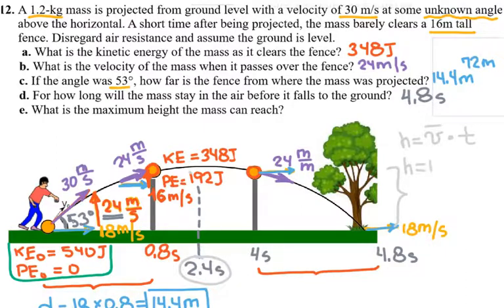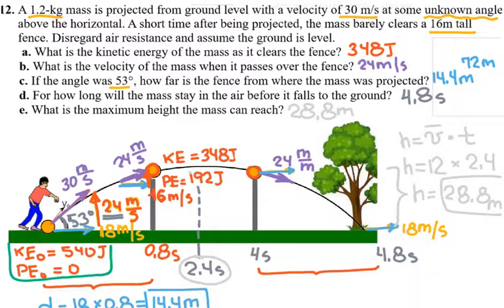So the average velocity is 12, the time is 2.4, so the height is 28.8 meters. So the final answer here is 28.8 meters.